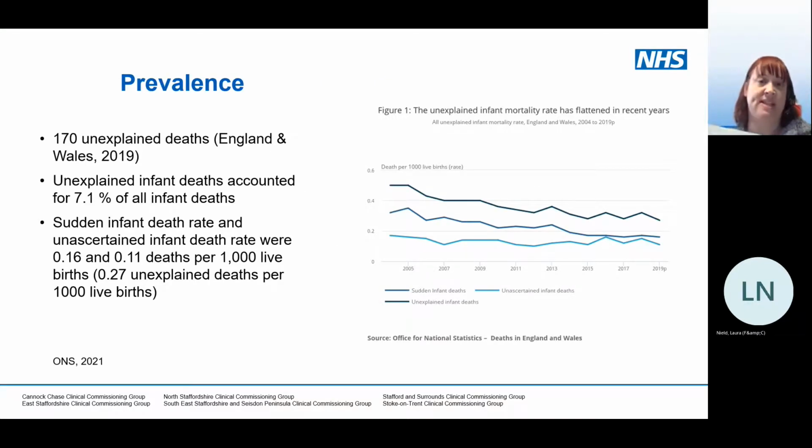These are the latest figures for the prevalence of sudden infant deaths or unexplained infant deaths in England and Wales. The most recent figures are from 2019, but they were produced by the Office of National Statistics in 2021.